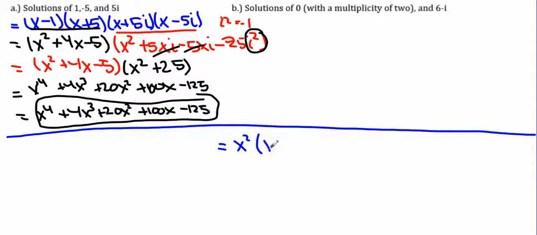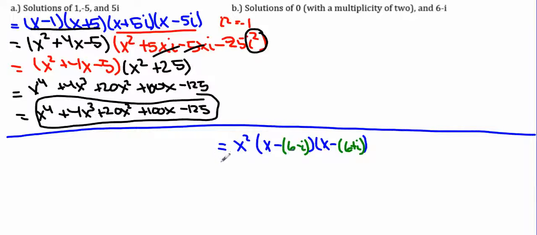The reason why I wrote 2 is because you have to use the conjugate. So I have 6 minus i, and the conjugate of 6 minus i is 6 plus i. So don't forget you're changing the sign of the i, not the 6.